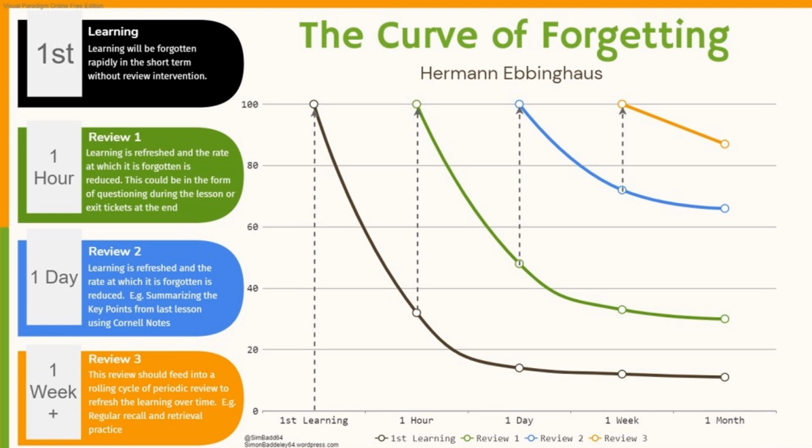This action of revisiting within an hour is the first step in slowing the rate that students will forget the new content. This could be as simple as a quick-fire round of questioning answered on a whiteboard or an exit ticket exercise.